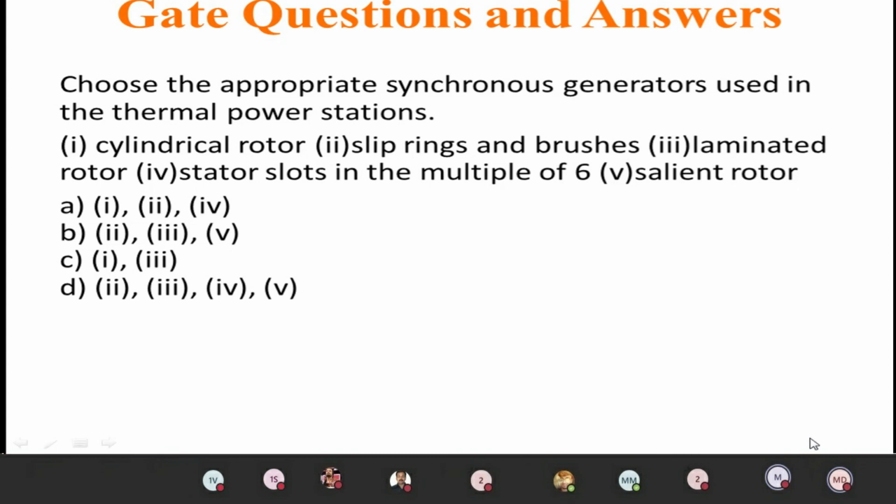Cylindrical rotor, slip ring and brushes, laminated rotor, stator slots in the multiple of 6, salient rotor.